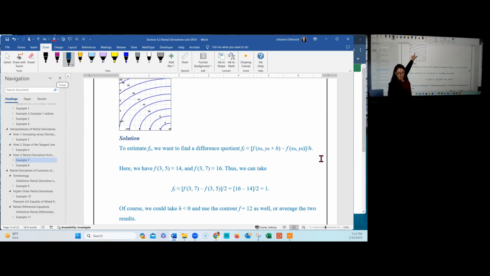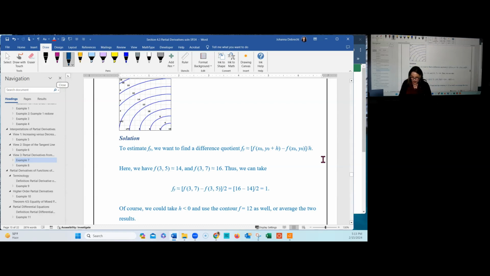So right there at 3, 5, the contour line, the value of z is 14, roughly. And then if we move up along the x = 3 line, because we're holding x constant, taking the partial with respect to y, at 3, 7 it's approximately 16. It's actually a little bit lower than that, but it's close to 16.